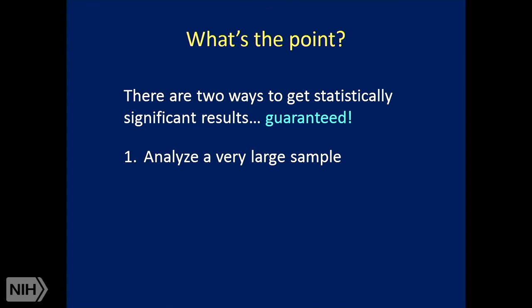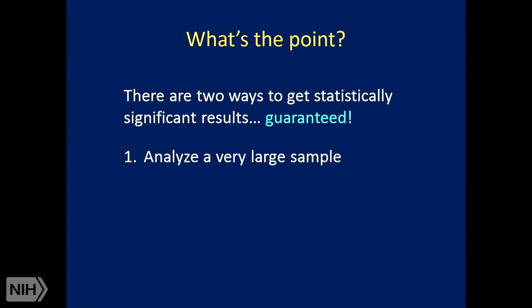So, what's the point? The point is there are 2 ways to get statistically significant results guaranteed. You know, it sounds like a commercial. Guaranteed. If you analyze a very large sample, you are guaranteed to find a statistically significant result. If you make it large enough, it's going to be statistically significant, regardless of the results. Well, unless it's going the opposite way, unless placebo is better than the medication.